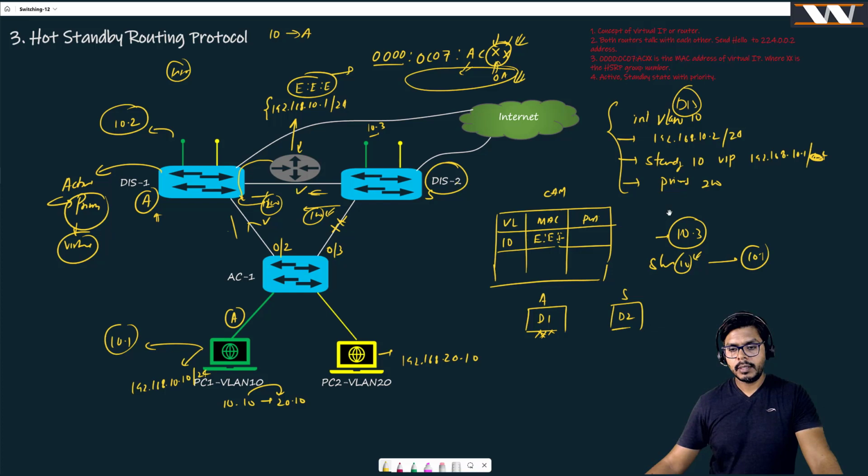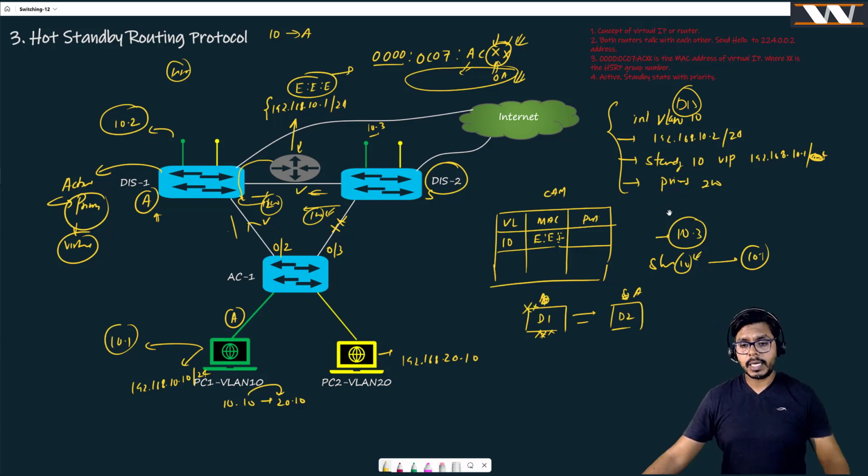Then what is going to happen? Hellos are going to be lost by D2 and D2 will become the active. And this is down. But after some time, suppose you did some magic and this one comes up again. Now the question is whether this will become active again or standby.